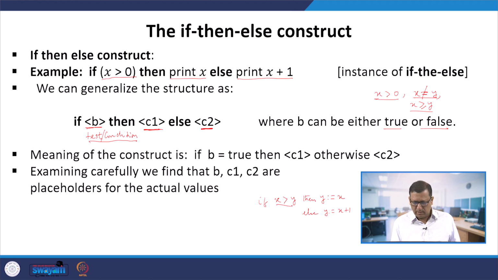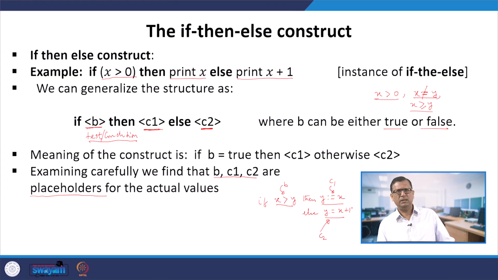So this is an instance of this program. So b, c1, c2 are called placeholders for the actual values. Here b we are writing as x greater than y, c1 we are writing as y equals x, and c2 we are writing as y assigned x plus 1.